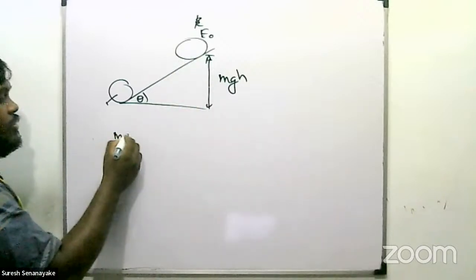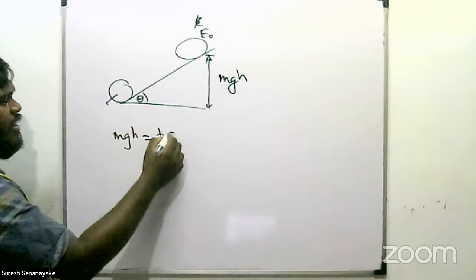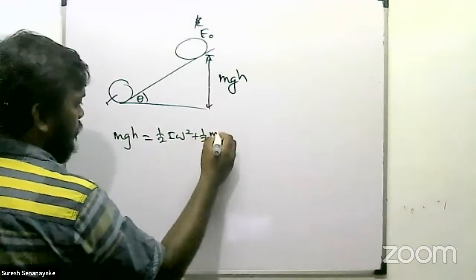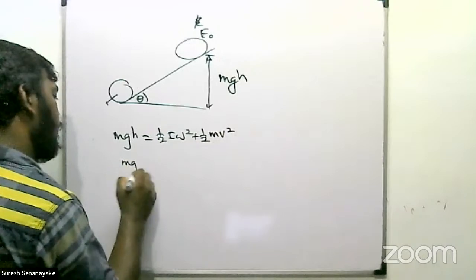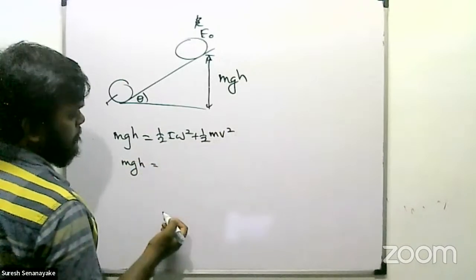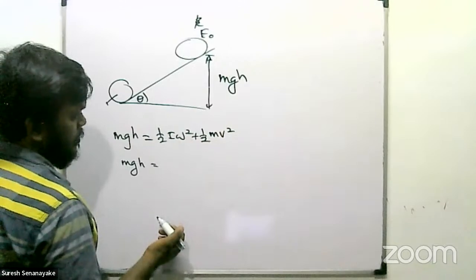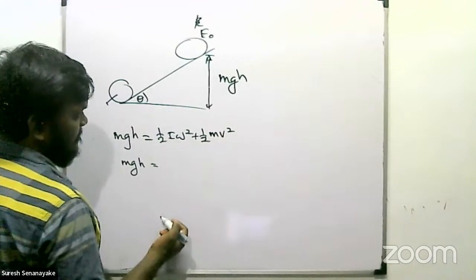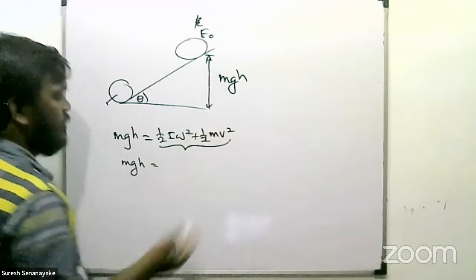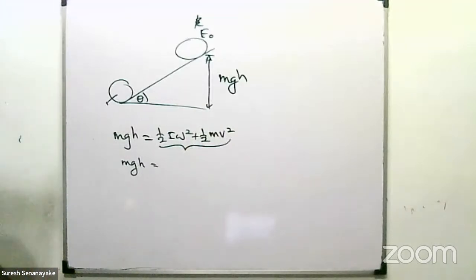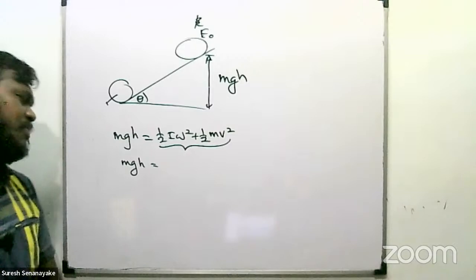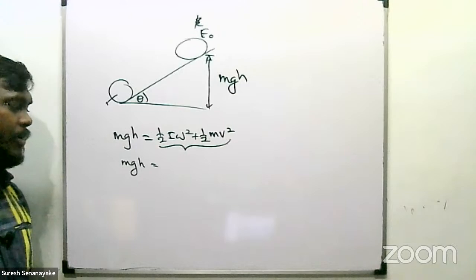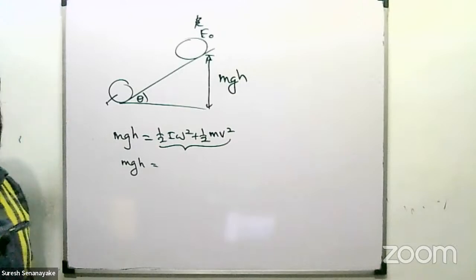X mgh is equal to half I omega square plus half m v square. මේකේ total rotation kinetic energy කියලා අහන්නේ නම් දැන් ඕක මොකක් වුණත් mgh equal. So initially it should be constant.